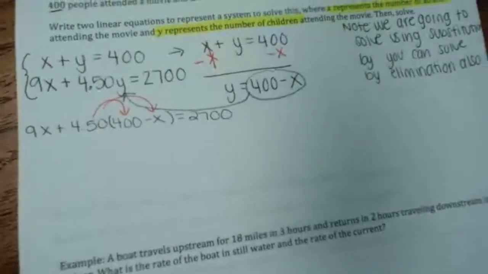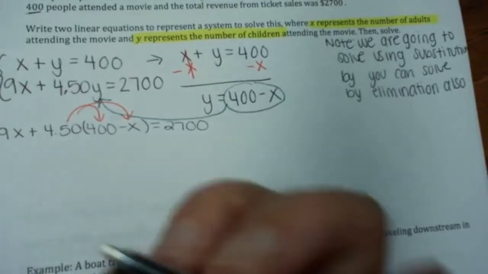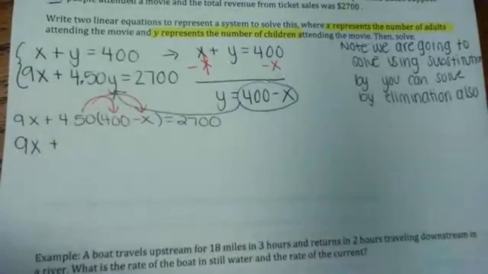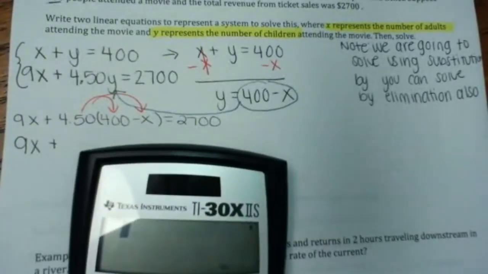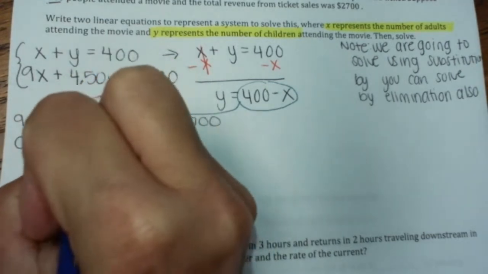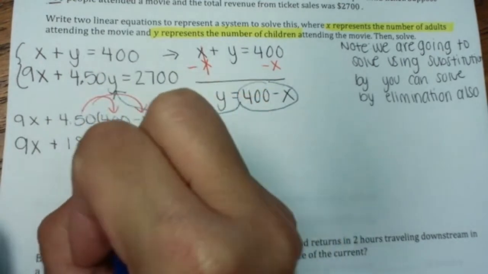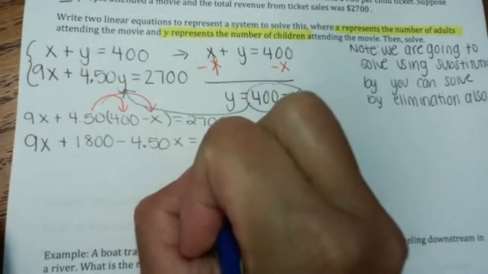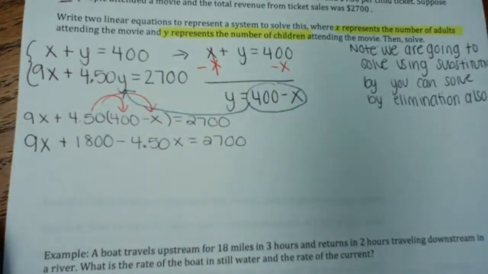Let's go ahead and distribute that 4.50. So I have 9x plus 4.50 times 400. Let's put this into our calculator. 4.50 times 400, and we get 1800. So plus 1800. And then 4.50 times negative x will give us negative 4.5x, equals 2,700.